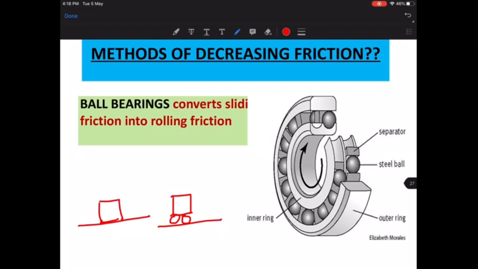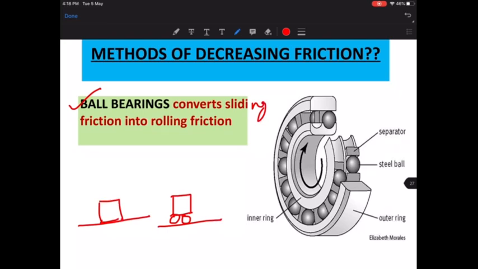Obviously it is easy to roll it. If you attach wheels, it will be easy for you to pull it, than even sliding. So that's why the easiest one is rolling for us, right? Because rolling will have the least friction. Okay, so what the ball bearing does is the ball bearings convert sliding friction into rolling friction.